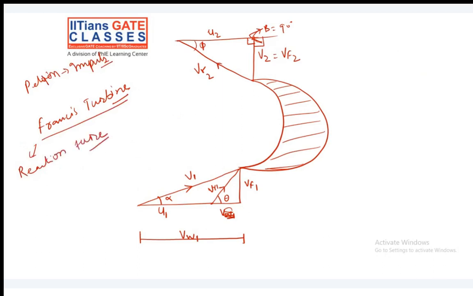Radial entry and radial outlet, because this is exiting radially. So this is the radial outlet.